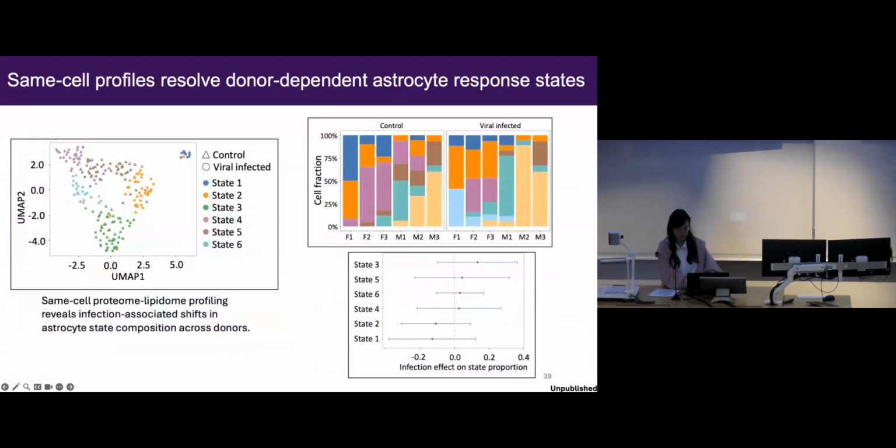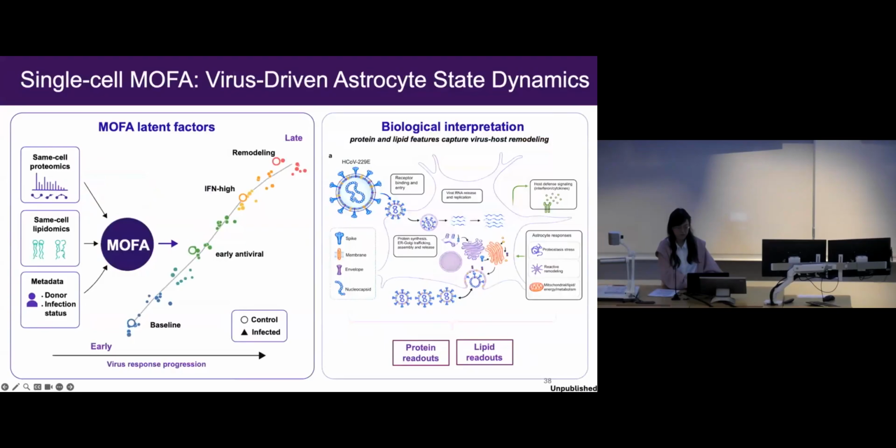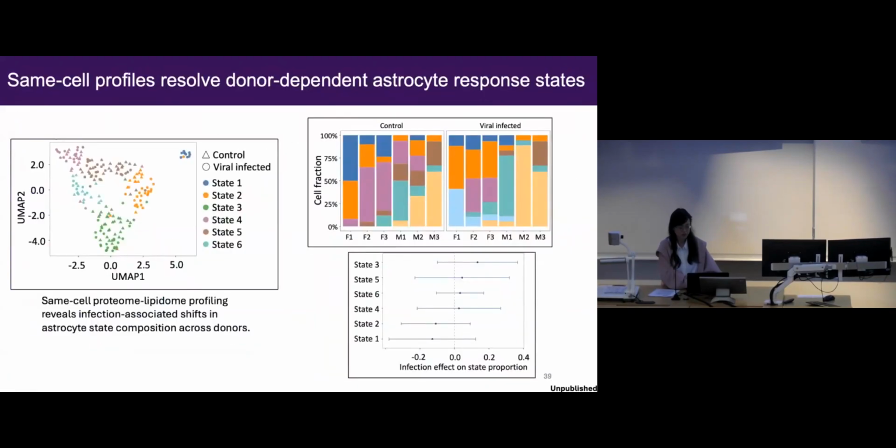And the main advantage is that our MOFA can really help us reveal all the heterogeneous infection responses instead of just averaging all the cells into a bulk story. Here, we use the single-cell profile to define the astrocyte response states across the donors.